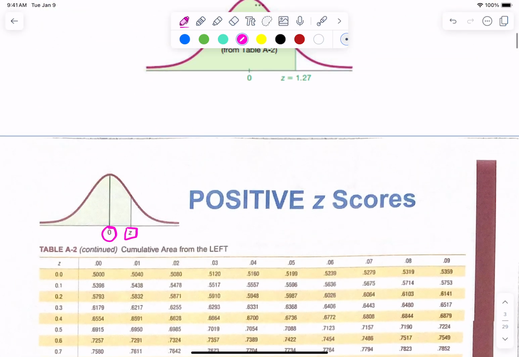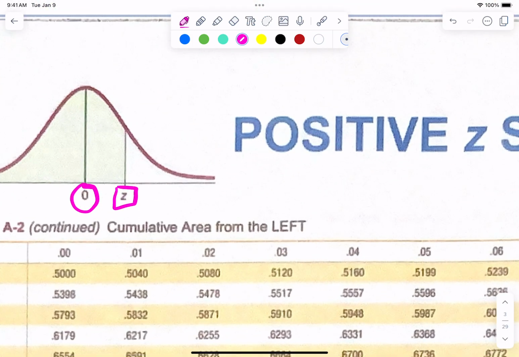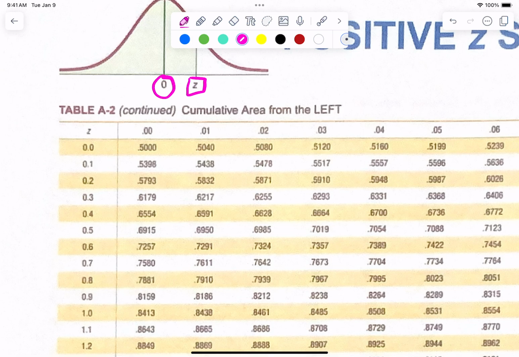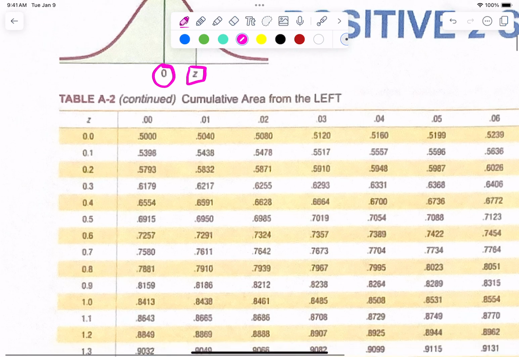All right, so here is what I want you to do. On this positive z-score, Chase, we're going to find a z-score of 0.33. So the first place I start is where z is, and I look up 0.3. He is right here. I can stop right after that one. But I want 0.33.